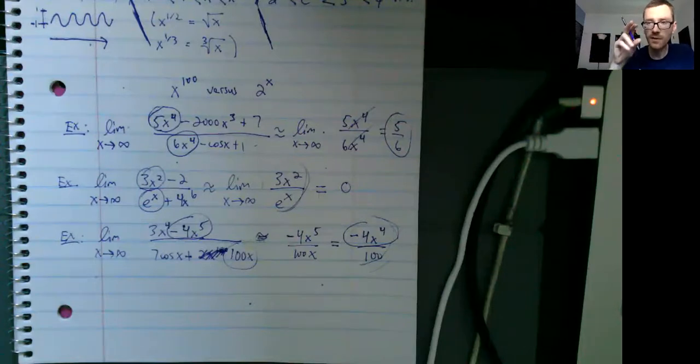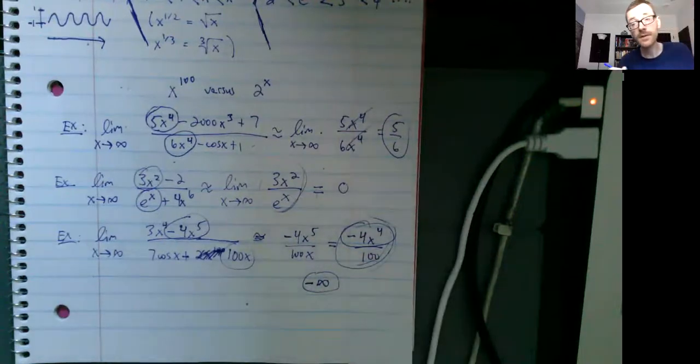But what's happening to the value of the fraction as x gets bigger and bigger? It's not converging to a number. In fact, the overall value of the fraction is becoming a larger and larger negative number. So this expression, as x gets bigger and bigger, is actually going to -infinity.